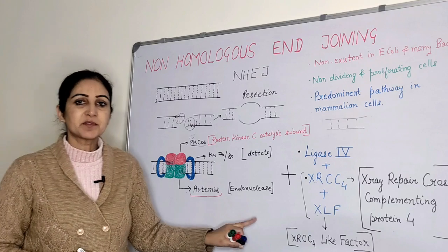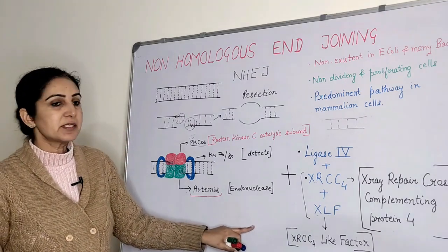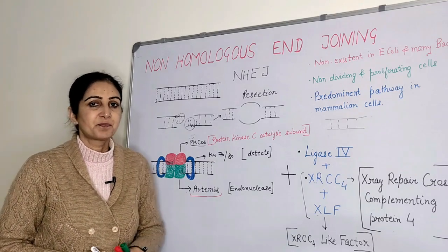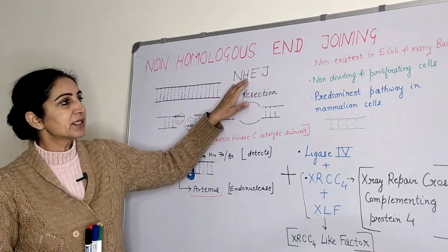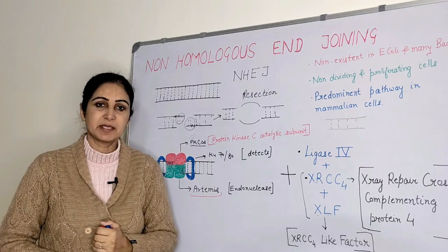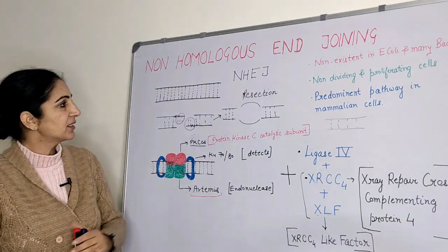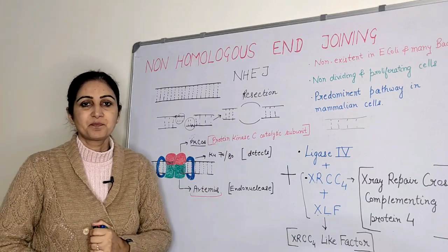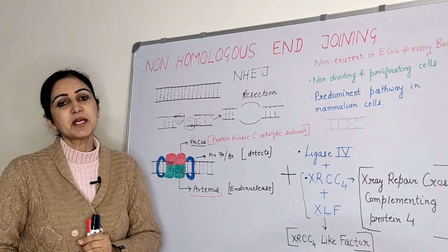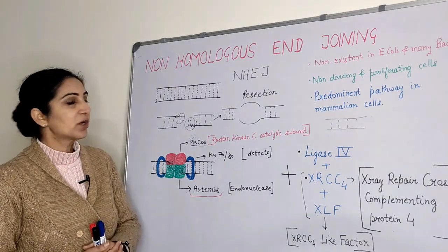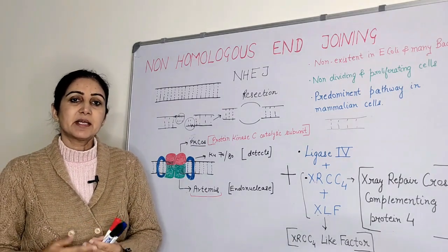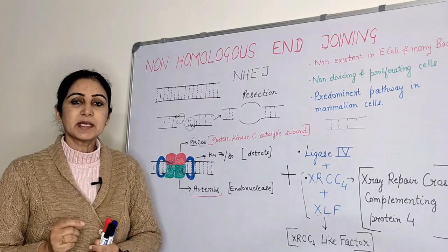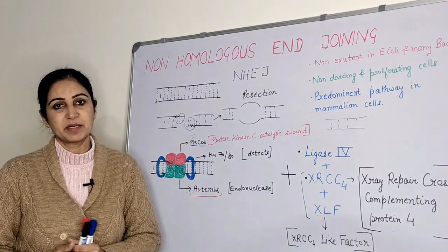But this kind of repair is very useful because it is the prominent repair that occurs in mammalian cells. This NHEJ is non-existent in E. coli and many bacteria. In mammalian cells, it can occur in non-dividing as well as in dividing cells. In dividing cells, the main kind of repair is homologous repair, in which a homologous DNA template is used for the repair.